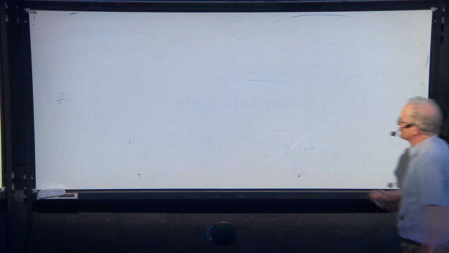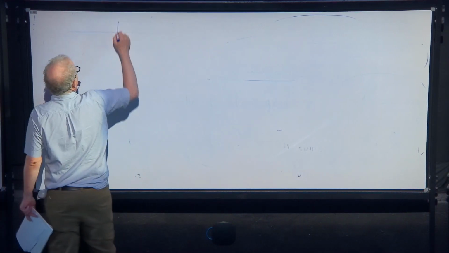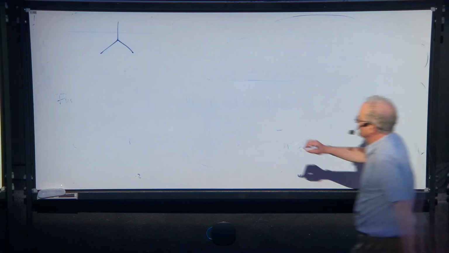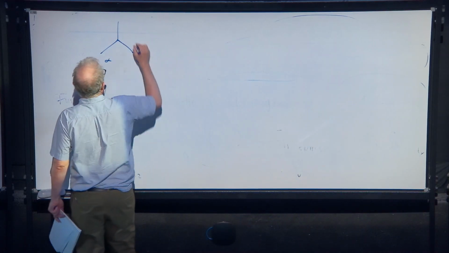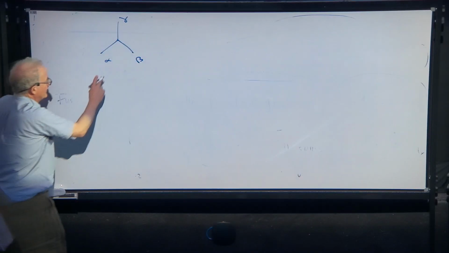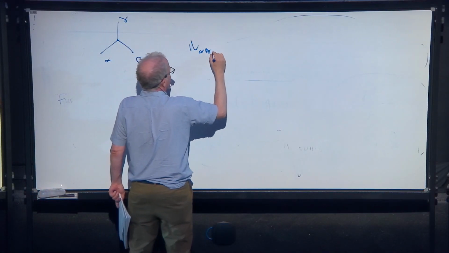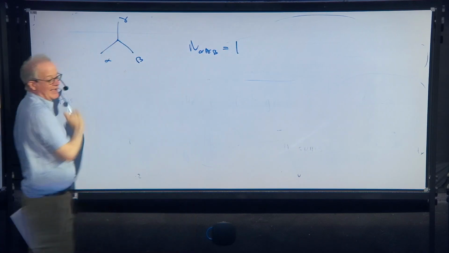So, okay, I'm cheating. I've oversimplified. So in what I'm about to do now, what happens in these fusion pictures, for every vertex, when n, alpha, beta, gamma equals 1, I have a vertex like that.